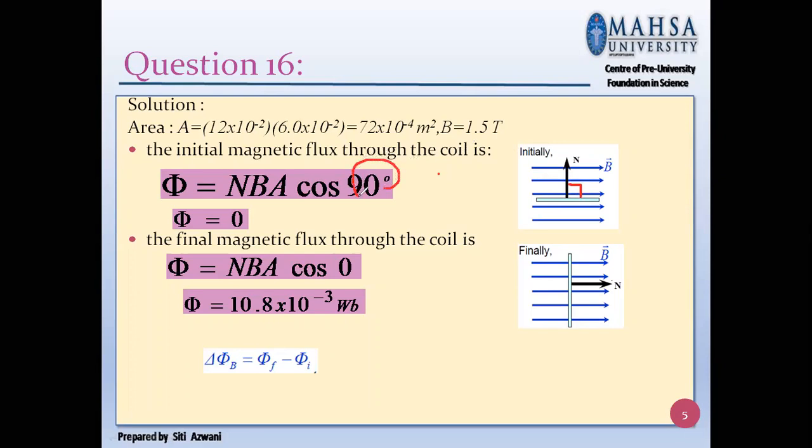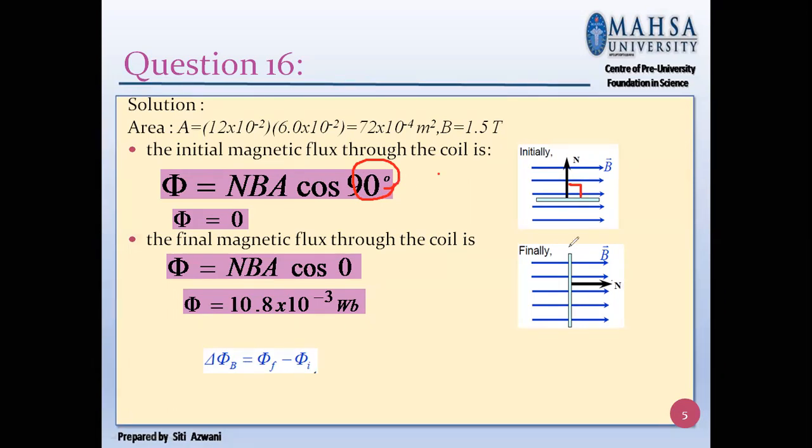The initial magnetic flux through the coil: the angle initially between N and B is 90 degrees, so the initial magnetic flux you get is 0. Next, the final: you rotate the coil by 90 degrees. So what happened now?